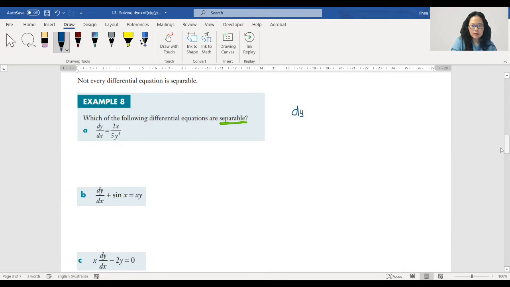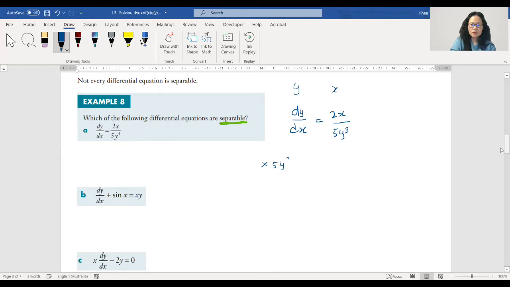dy/dx equals 2x over 5y cubed. So y on the left hand side and x on the right hand side. If you want to, you can just multiply by 5y cubed.